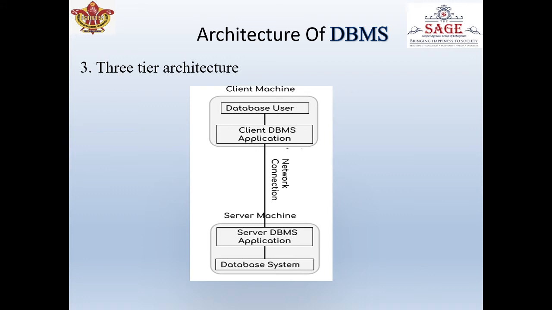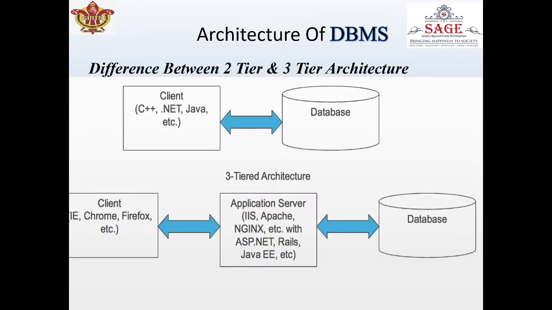So in this architecture, the client application does not communicate directly with the database system that is present at the server machine; rather, the client application communicates with the server application, and the server application internally communicates with the database system present at the server. You can see here in this diagram. You might be understanding all these things. If any doubts, please ask me, right? Is that clear to all? Okay, so we move on to the next slide.